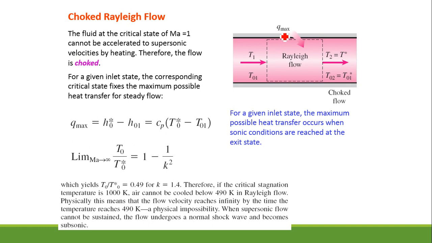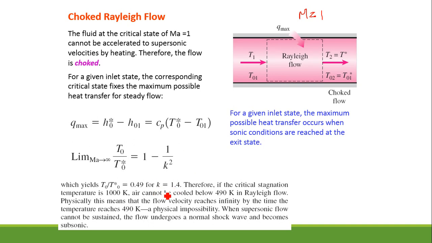This occurs when the maximum heat is added to the system, the supersonic flow will be decelerated, and the Mach number will be reduced to 1, and after the choked condition there won't be any mass flow rate inside this duct flow. So at this condition we'll have Q max equal to H naught star minus H naught 1, that is equal to Cp into T naught star minus T naught 1.